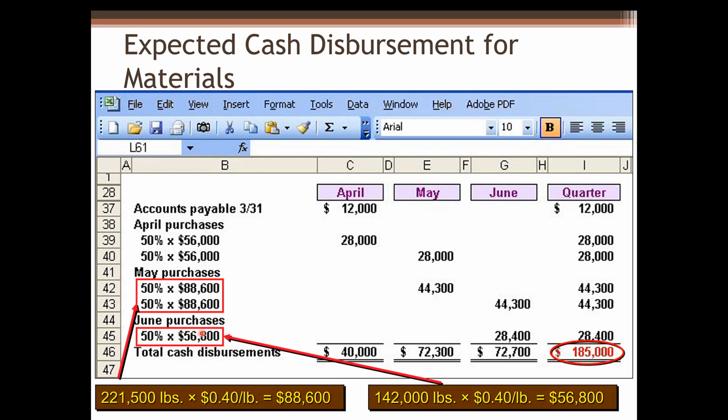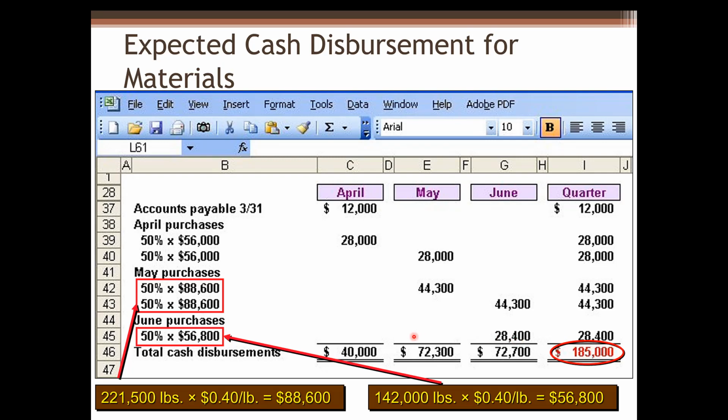For June purchases, materials to be purchased are 142,000 pounds multiplied by 40 cents, and then total purchases in June are 56,800. In June, half will be paid, so 28,400 will be paid.